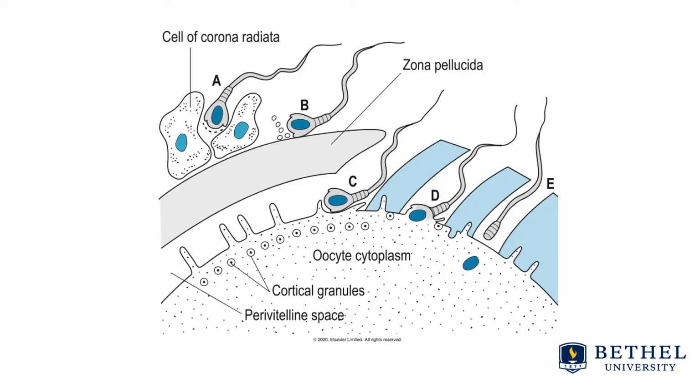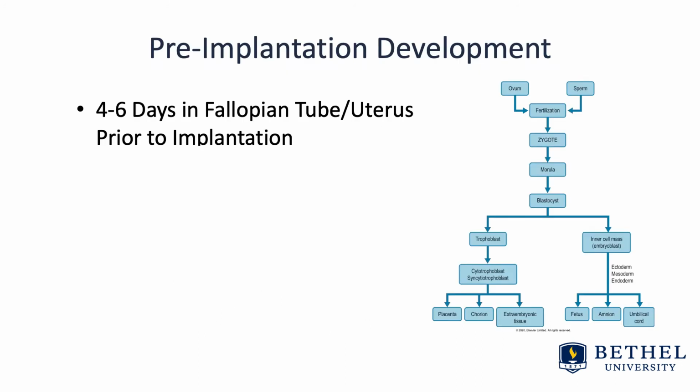So here's a kind of a pictorial view of what we've been talking about. And these illustrations are just demonstrating what we went through as the sperm enters into the oocyte. Once this happens, the fertilized egg moves down through the fallopian tube into the uterus prior to implantation.